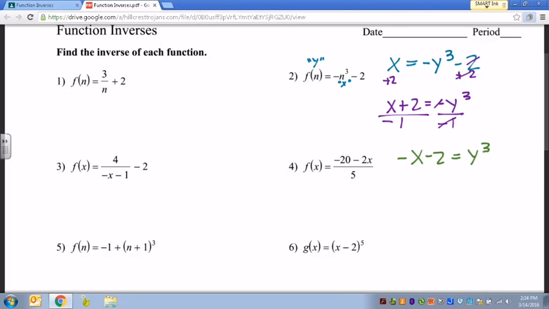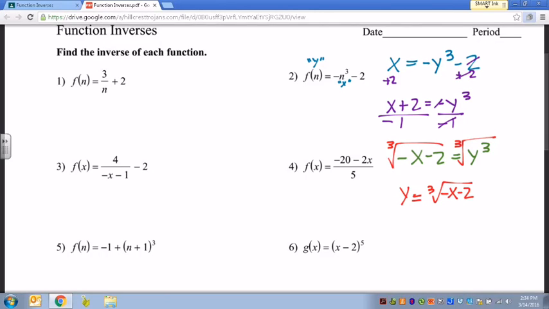And then I had to get rid of the cube. So what is the opposite of cubing something or taking something to the third power? The opposite of a third power would be a third root or a cube root. And you do it to the other side. So the cube root and the third power cancel each other out. So I'm left with y equals the cube root of negative x minus 2.